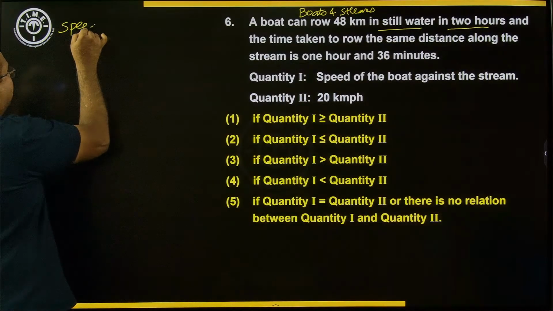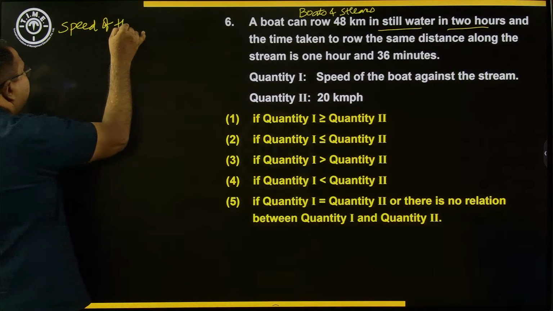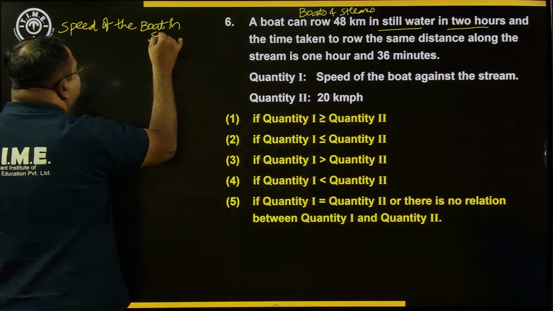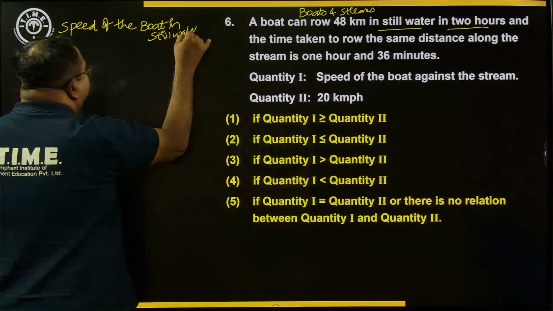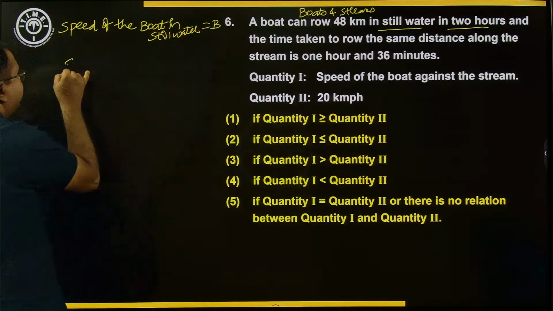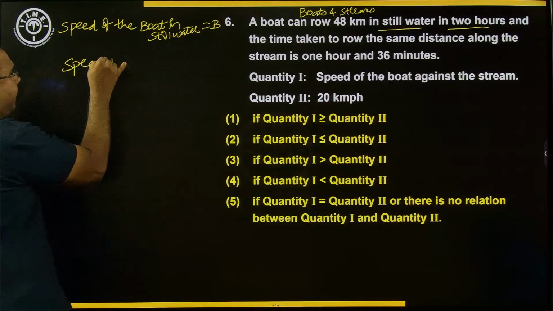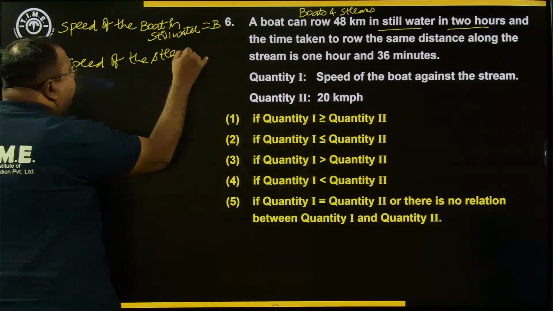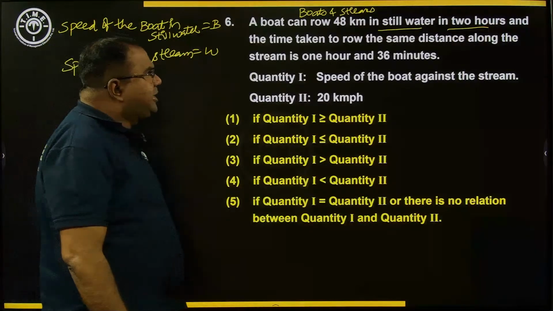Speed of the boat in still water, let us take it as B. Let us take speed of the stream as W. Still water means there is no movement of the water.